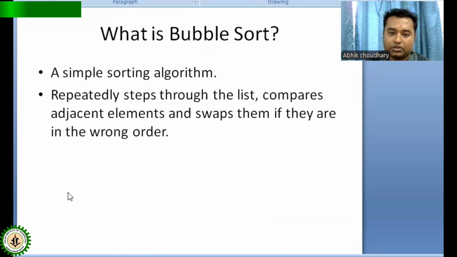In bubble sort, the largest element in the array bubbles out. How does it work? It repeatedly steps through the list, compares the adjacent elements and swaps them if they are in the wrong order.